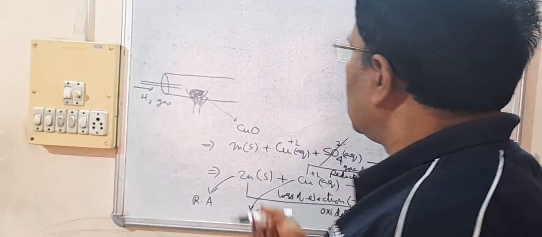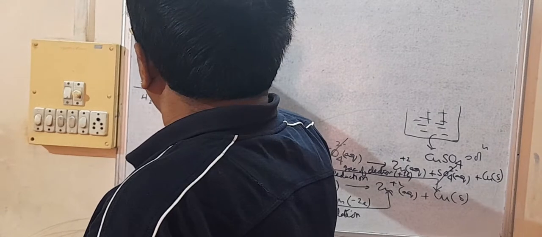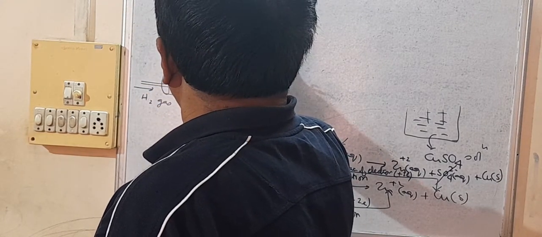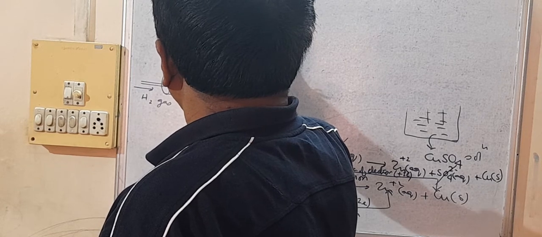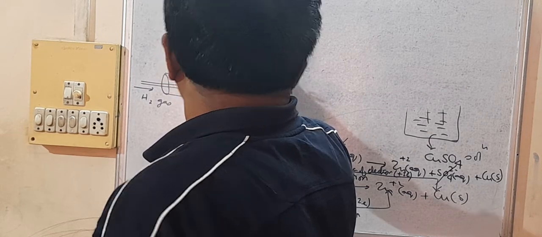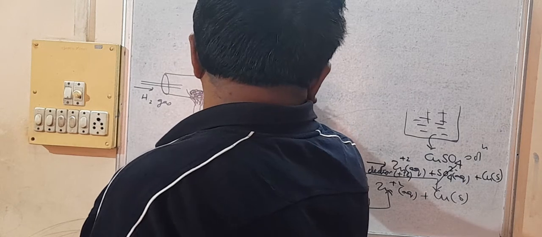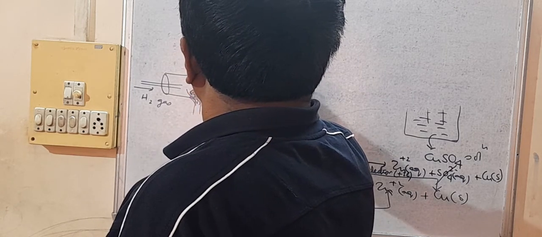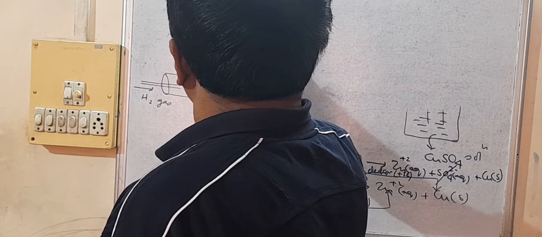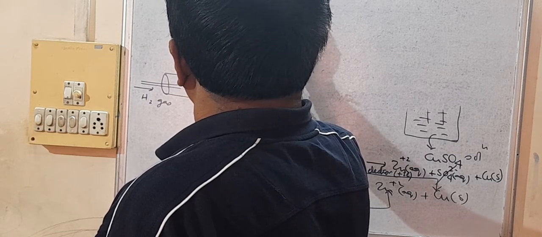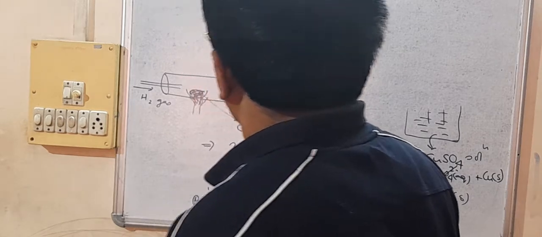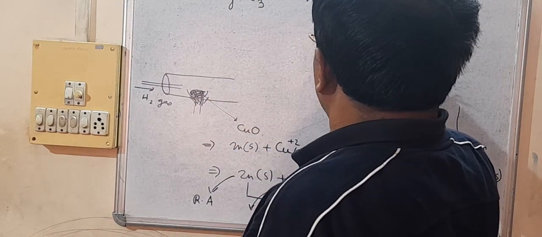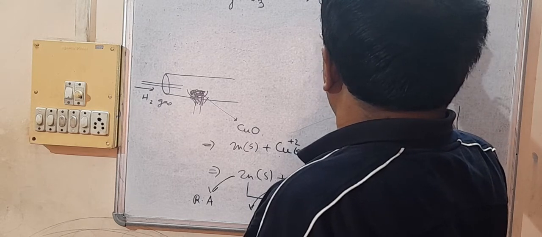The question is to show this reaction: copper plus silver nitrate to form copper nitrate plus silver.